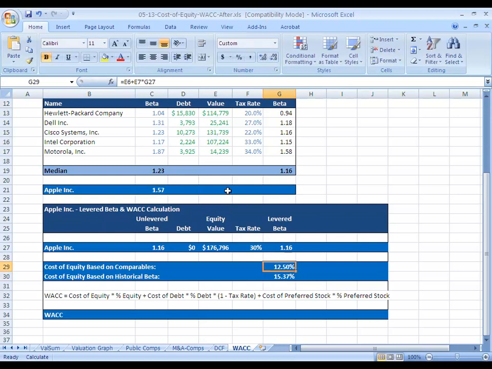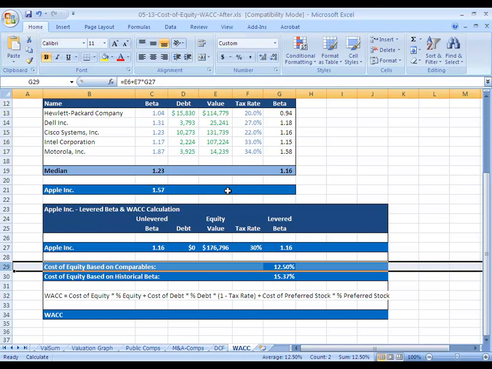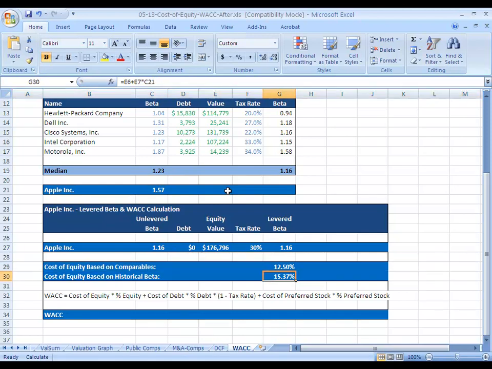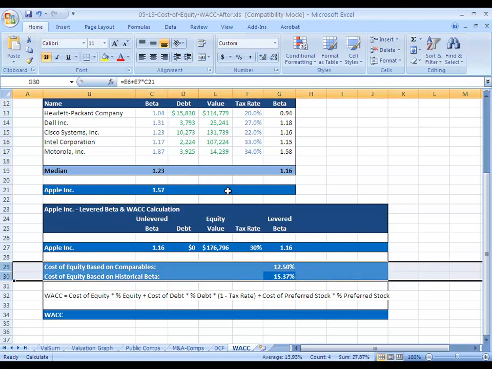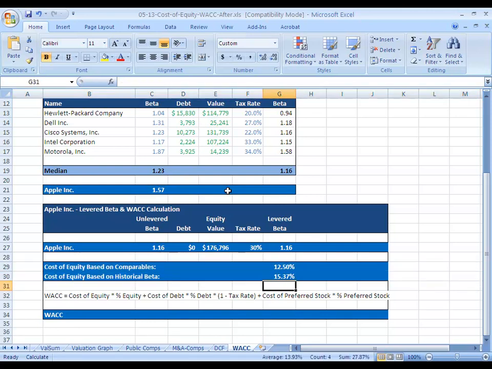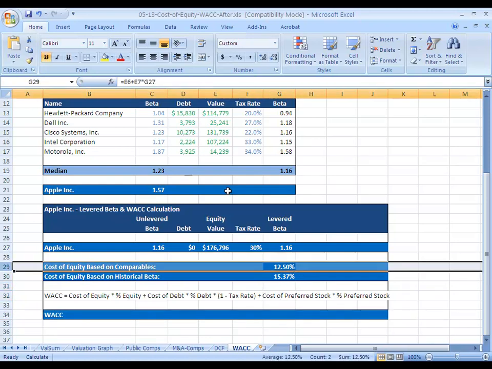So you see in this case, the comparables one is lower by about 3 percentage points. This is actually a fairly substantial difference. Now in this case, we could really go with either cost of equity here in our WACC calculation below. Most of the time in investment banking though, you go with the cost of equity based on comparables, simply because data from 5 companies here is usually viewed as better than data from a single source, from a single company.